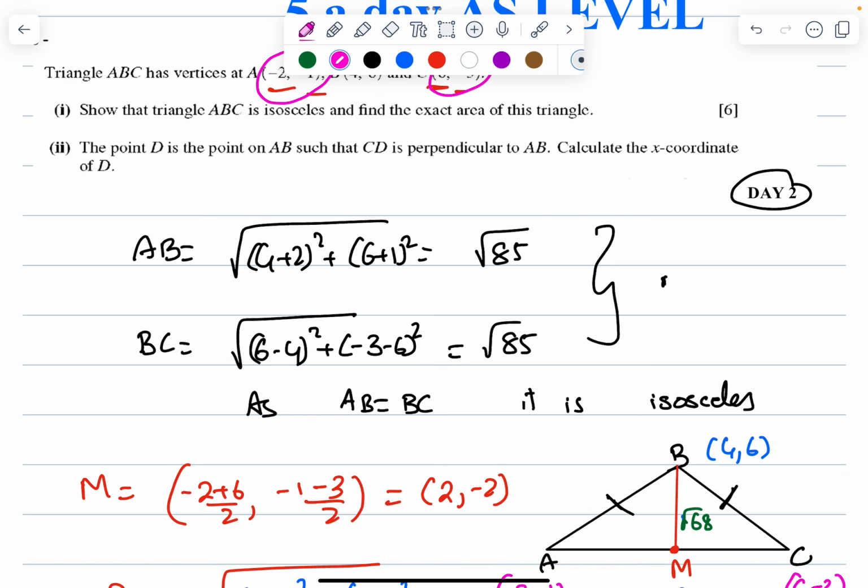Point D is on AB such that CD is perpendicular to AB. Find the x coordinate of D. So point D, such that CD is perpendicular to AB.